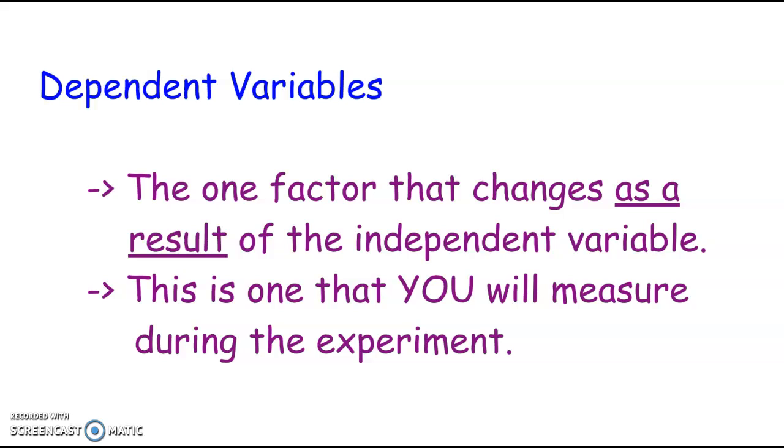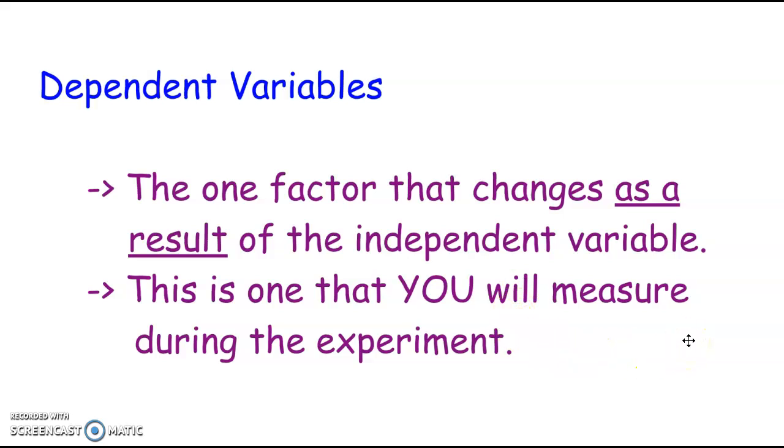So what I'm changing is the temperature of the water, and the factor that might change as a result of my temperature change is the ability of salt to dissolve. So typically this is the one that you are measuring in your experiment. So you're changing the temperature, but we're measuring how the salt is actually being dissolved.